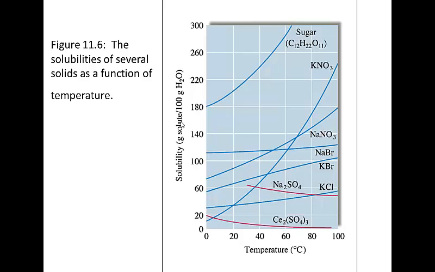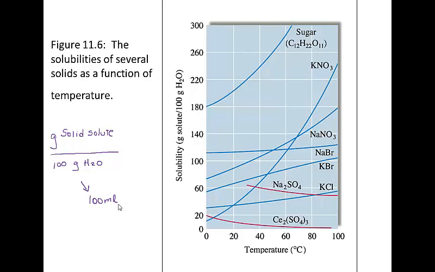Traditionally, this graph has temperature on the x-axis and the solubility of the solid on the y, and the solubility of the solid is listed as grams of solid solute for every 100 mL of water, because of course water is our most popular solvent. The vast majority of solids will increase solubility with an increased temperature.